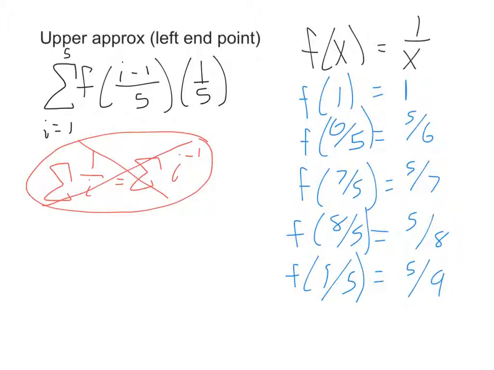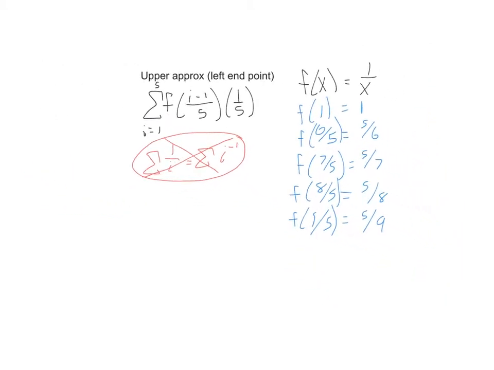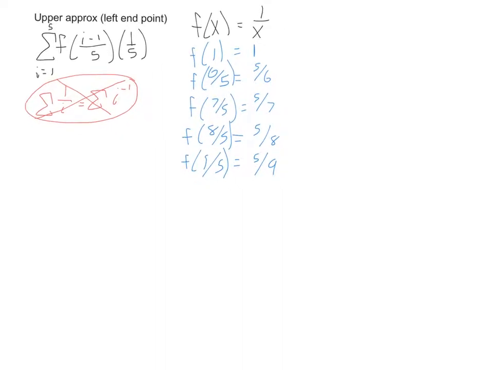Again, I'm taking 1 divided by a fraction, usually 1 multiplying by the reciprocal. Okay? So if I have all of that, let's start adding them up. Remember, these are my corresponding heights, right? These are the heights of my rectangles.